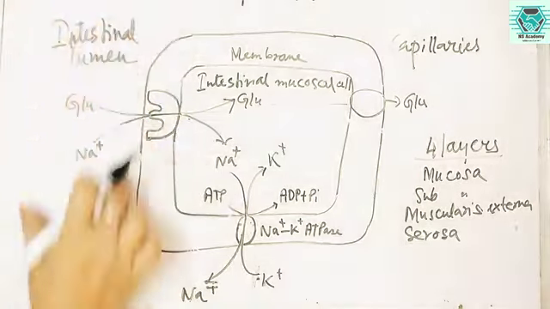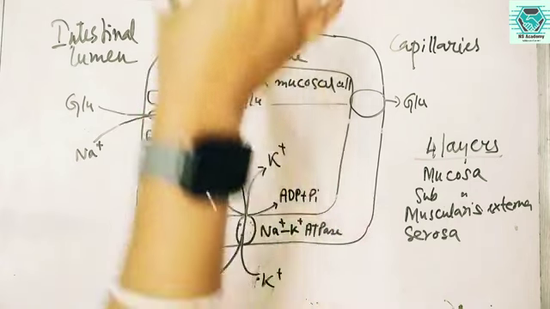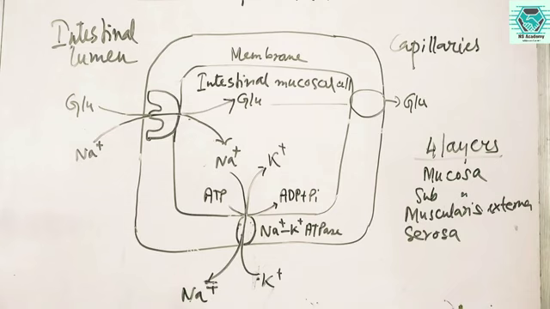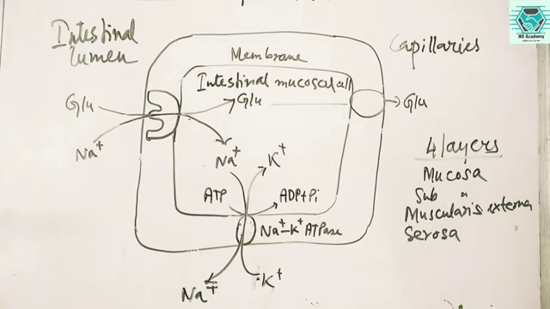So this is the lumen and these are the cells, and I have drawn only one cell. There is a lining of cells present and all are columnar in nature, and in the lumen the concentration of Na+ is higher than in the cell. Okay. Na+ therefore moves into the cells along its concentration gradient, and simultaneously glucose is transported into the intestinal cells. This is mediated by the same carrier system. Thus Na+ diffuses into the cell and it drags glucose along with it.